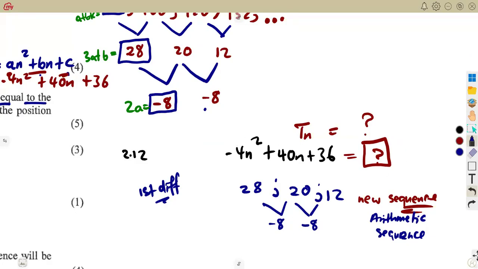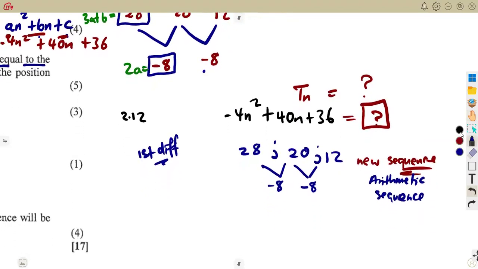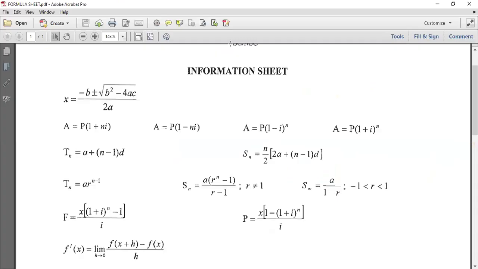So on an arithmetic, how do you find the nth term, which is Tn? Because they are referring to that nth term. We do understand under an arithmetic, Tn is equal to what? That is a plus n minus 1 times d. All right, so if you've forgotten this, the formula sheet is there. You will be working with the formula sheet, so you can actually have this.